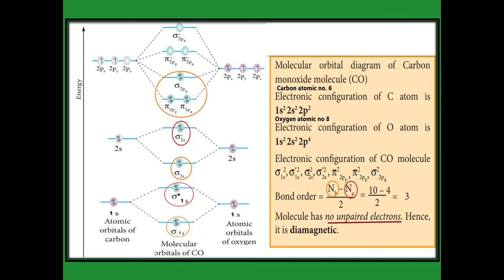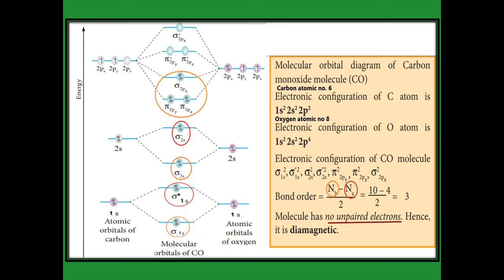Next, in the 2p level, how many electrons are present in carbon? 2 electrons. In oxygen's 2p orbital, 4 electrons are present. So 2 plus 4, totally 6 electrons. These 6 electrons will occupy pi 2py, pi 2pz and sigma 2px.